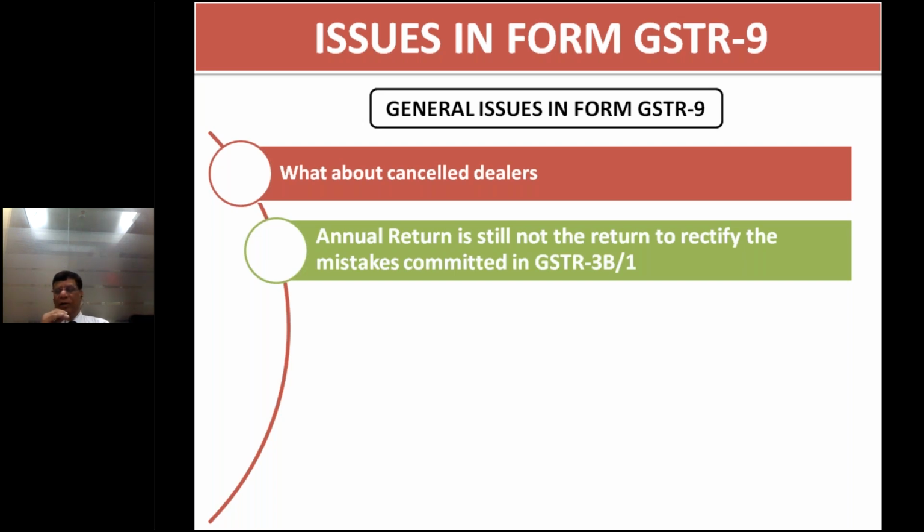Now let us come to those taxpayers which are of higher magnitude, that is whose turnover is rupees 2 crore and above. Those taxpayers are no doubt liable for audit in terms of the provisions as contained under section 35.